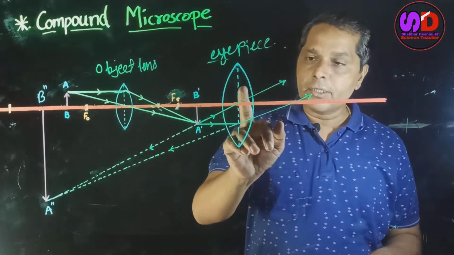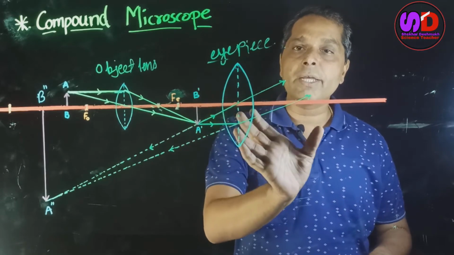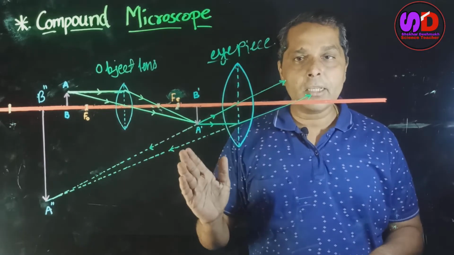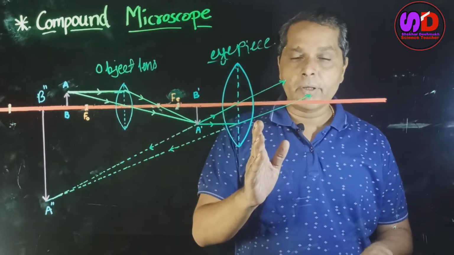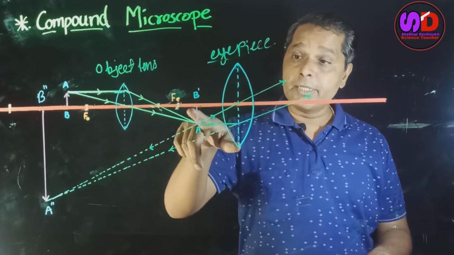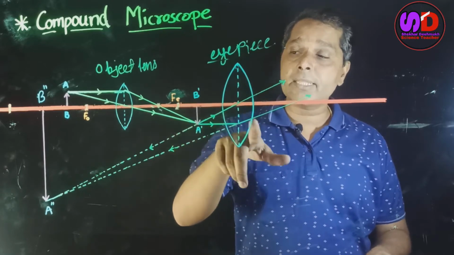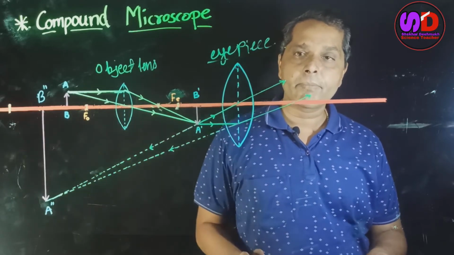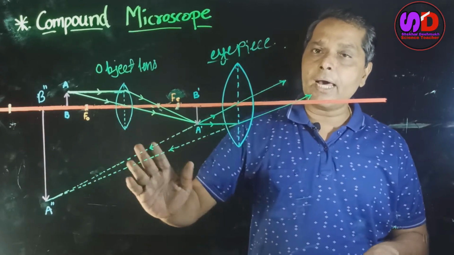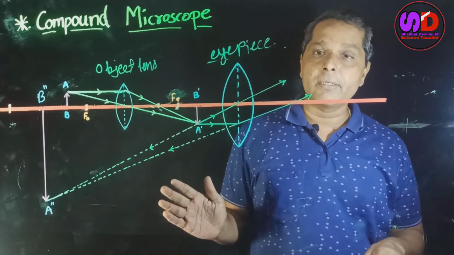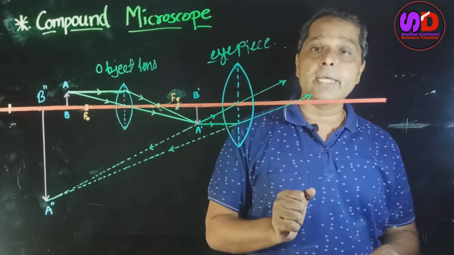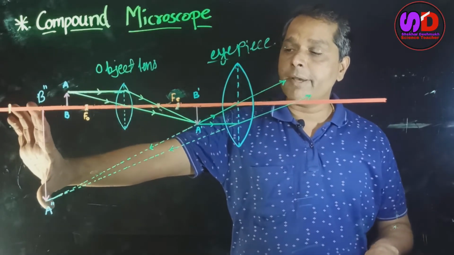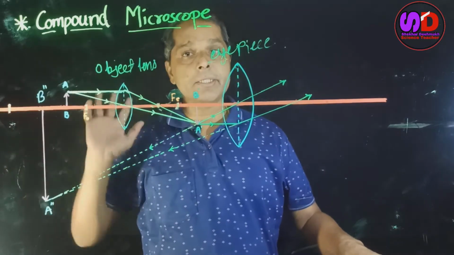Whenever it is within the focus, we know that a very large virtual and erect image is formed. The image is erect, but here the object is upside down, therefore we get the image upside down, as the object is. But we get a very enlarged and very big image a double dash b double dash by just focusing through the eye lens.